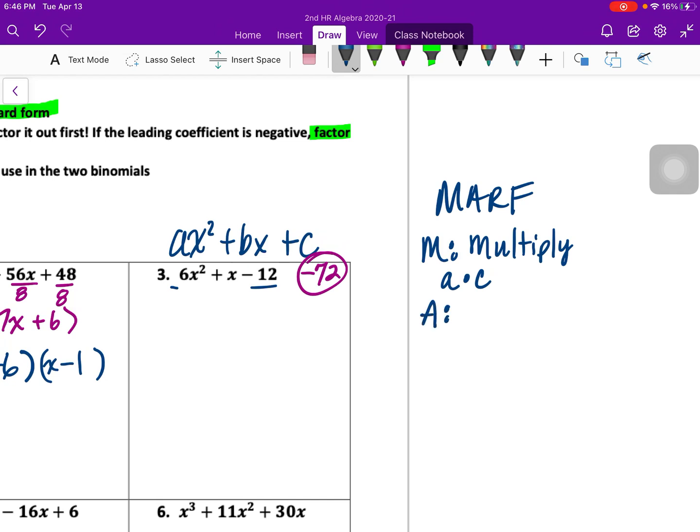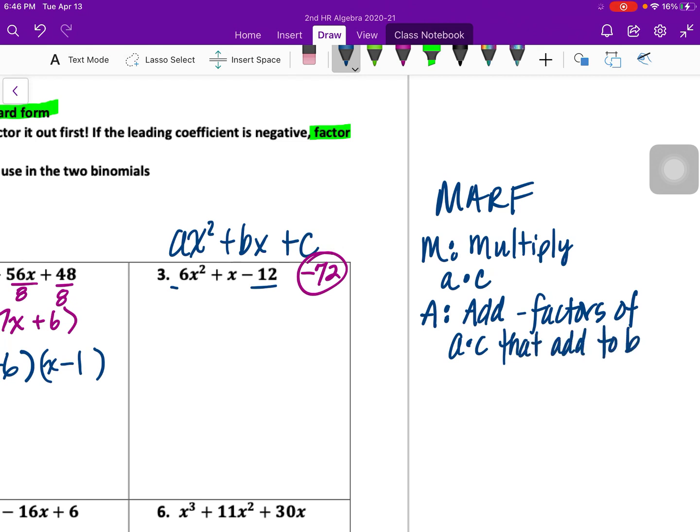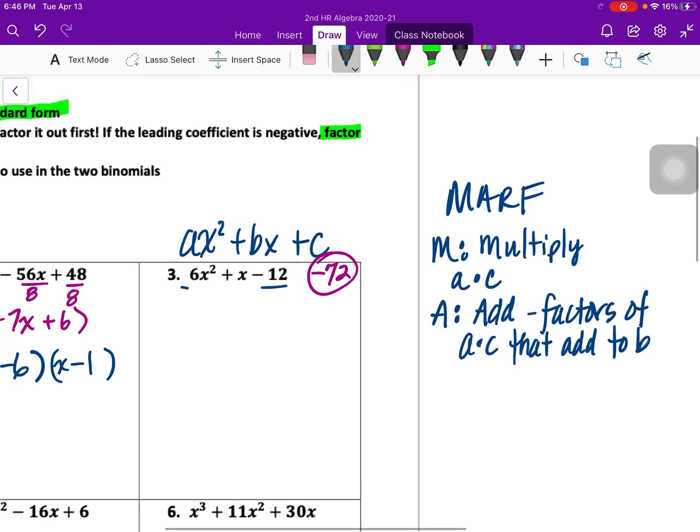Let's go to A. A stands for add, by the way. So I want factors of A times C that add to B. So in other words, I want to find the product of A and C, and I want those factors to add to my middle term. So we're looking for factors of 72.